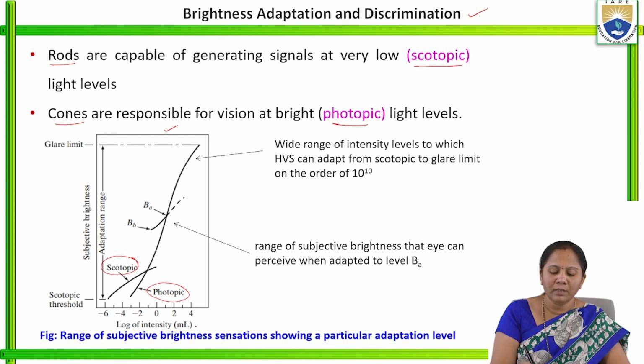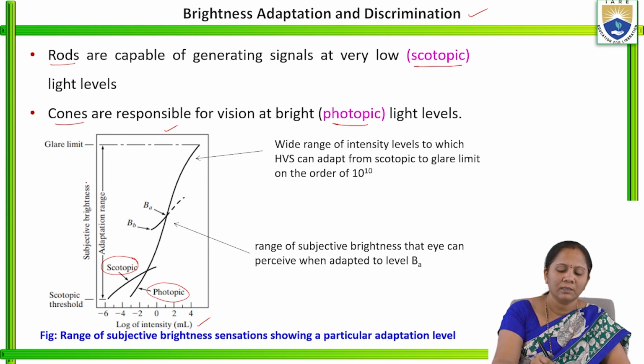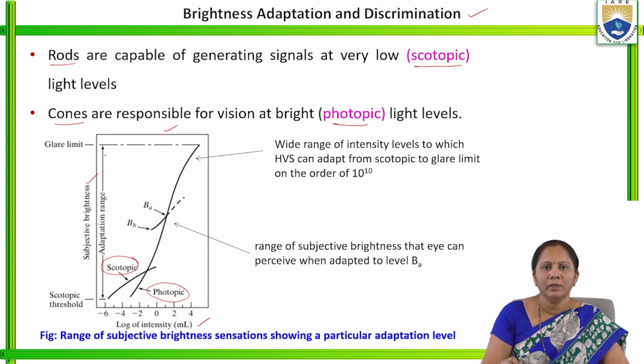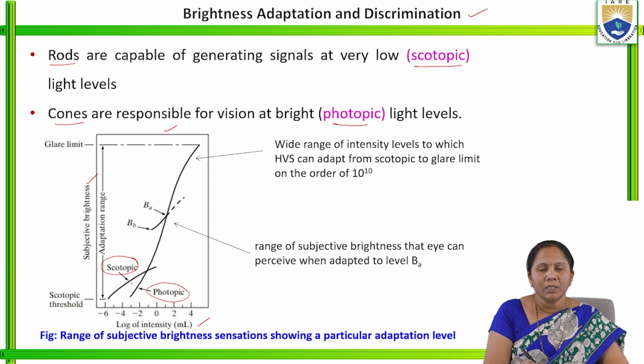This is the simple graph which shows the intensity versus subjective brightness. Now, if you consider this graph, if any person enters into a bright room, that person's vision in order to see any object will be different.